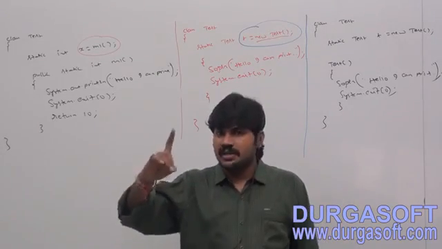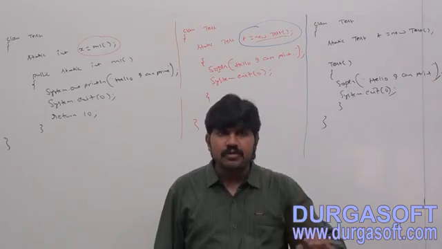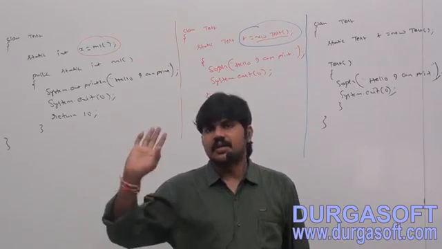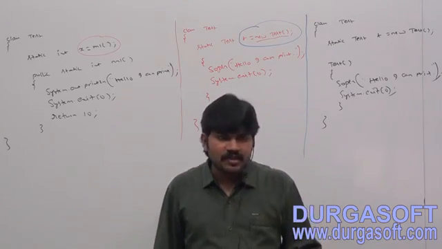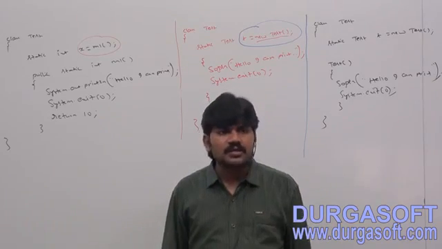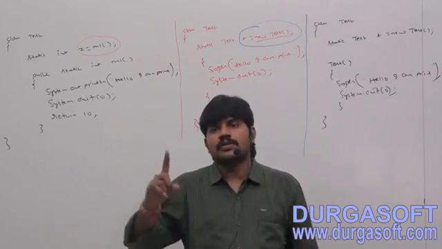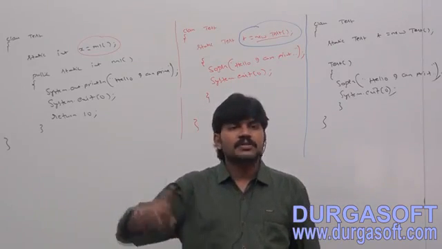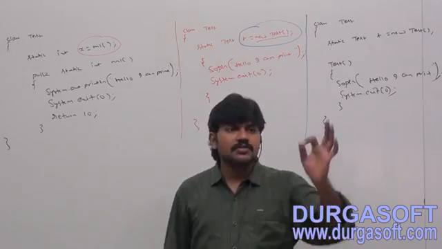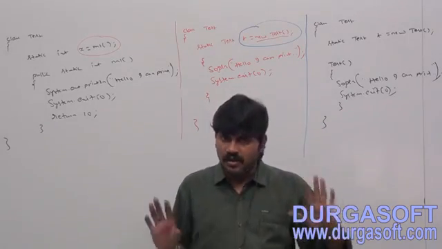From the 1.7 version onwards, to start a program execution, main is mandatory. Are you getting it? Sir, without writing a main method, is it possible to print some statement to the console or not? The answer is yes, by using a static block until the 1.6 version. But from the 1.7 version onwards, the main method is mandatory to start your program execution. Clear for all of you, right?